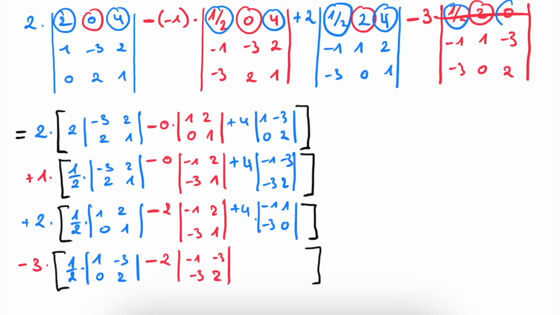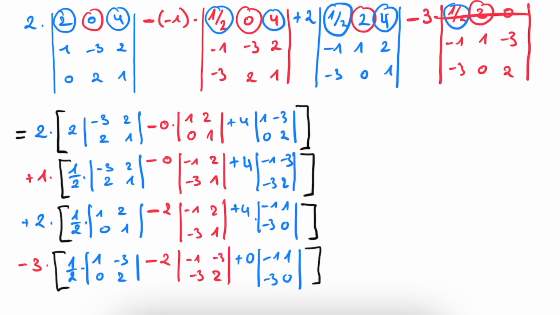And then the last number is this 0, and again we ignore this row and this column, and we multiply it with the determinant formed by these 4 numbers. So we get plus 0 times the determinant of minus 1, 1, minus 3, and 0. And at this point, we are now finished with calculating 3 times 3 determinants.